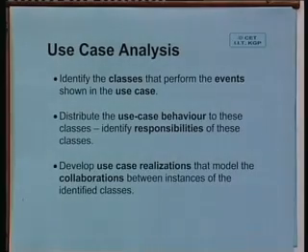At the end of the day, in any object oriented analysis, you have to identify the classes. For each class, you have to identify its attributes and operations. So how does the use case help us in identifying the classes that perform the events shown in the use case? That has to be done. Then distribute the use case behavior to these classes and identify the responsibilities of these classes, which is also very important.